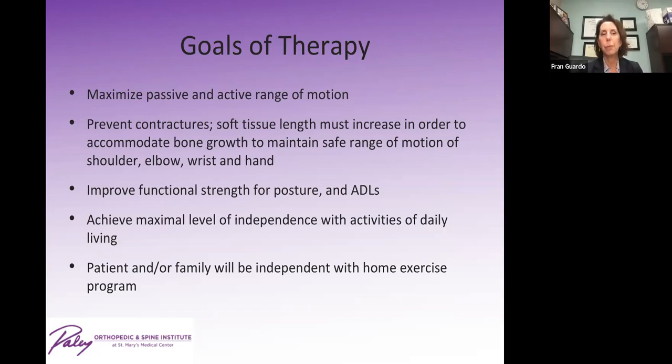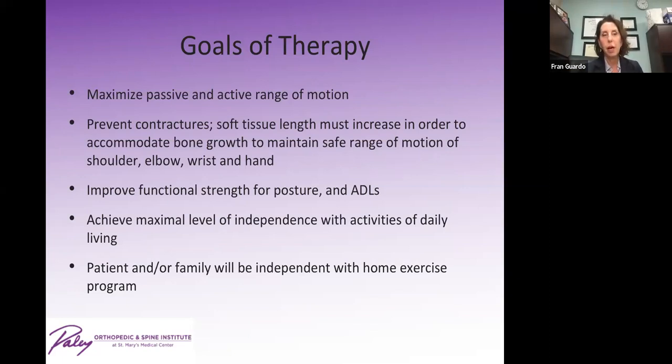So we want to eliminate or at least minimize that as much as possible in the population that is lengthening. We want to make sure that they're able to do their activities of daily living, and that they're able to dress and eat and go through life with as minimal issues.